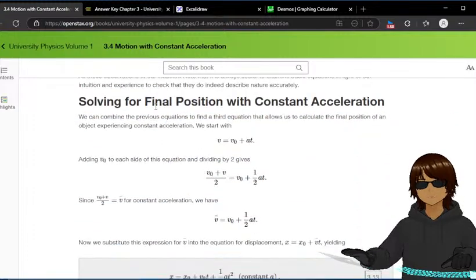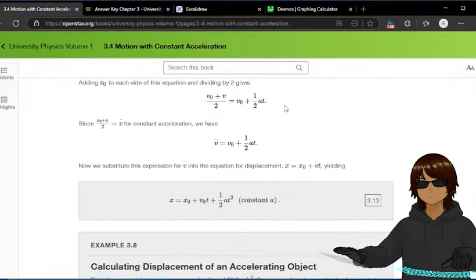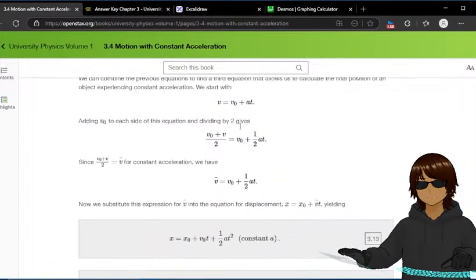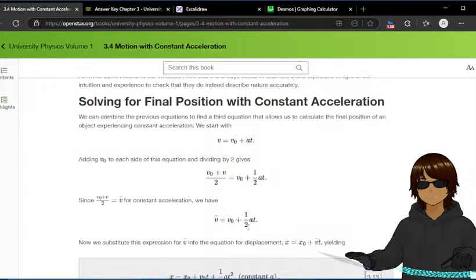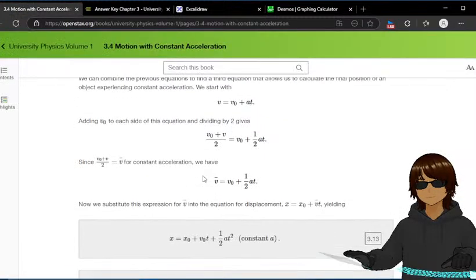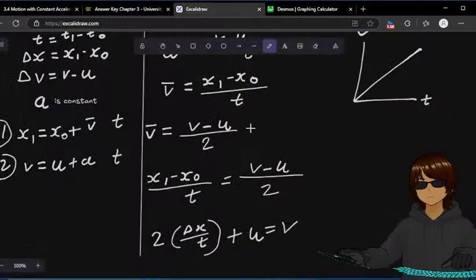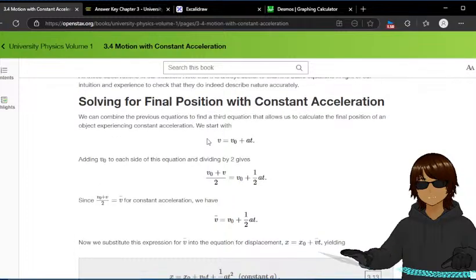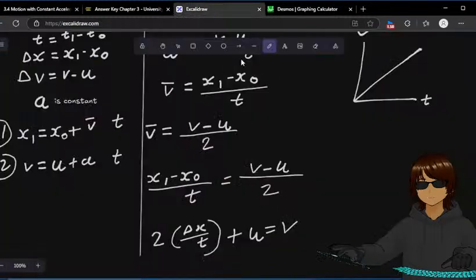And what else? Solving for final position with constant acceleration, we have this and we have this. So they have this equation.